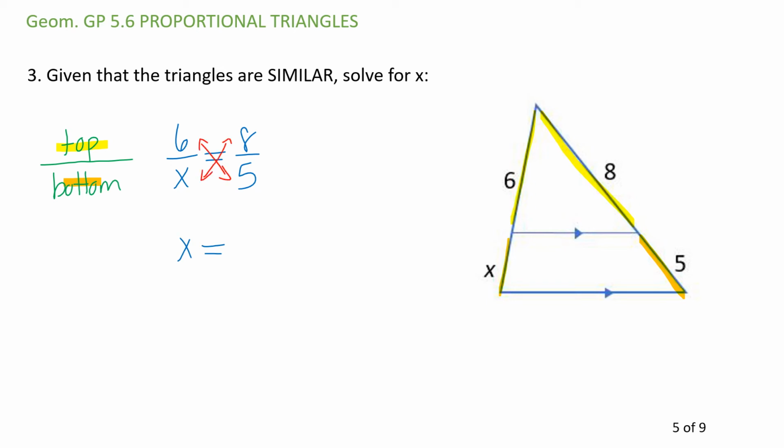You cross multiply, or essentially you divide by the number that's diagonally opposite. 30 divided by 8, it's going to be a decimal. 3.75. And again, does this look like it could be 3.75? It does.